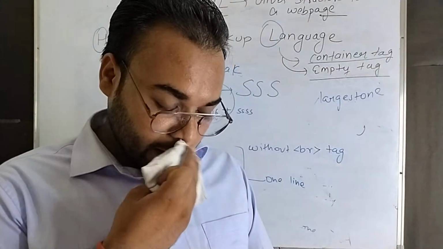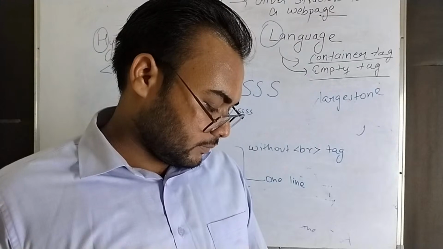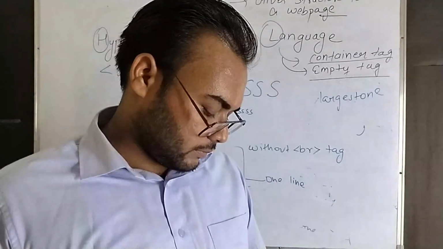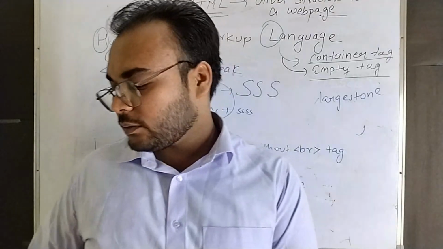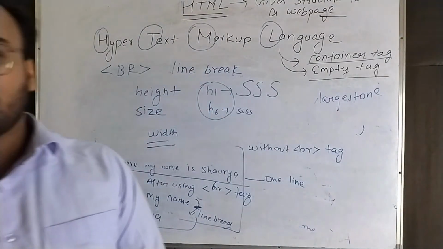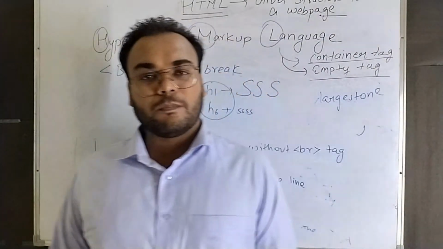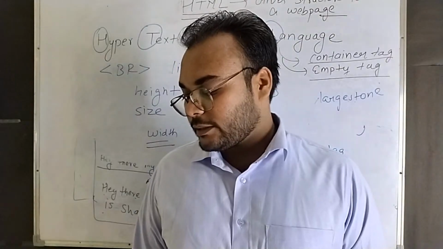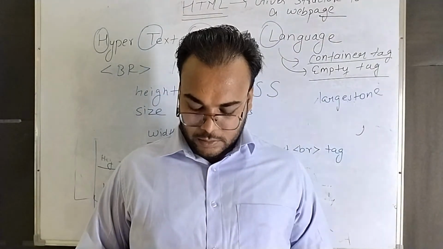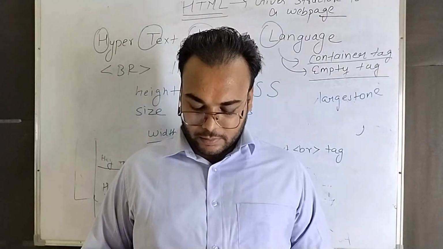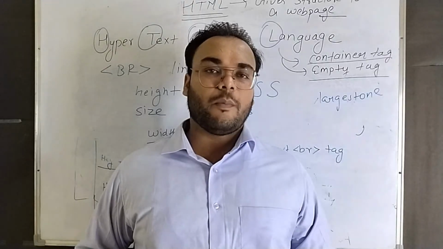Jaldi se batao mujhe. All clear regarding your computer? Everything is clear? Kuch aur koi bhi topic ho jisko nahi samajh mein aaya, just ask me. Sir, we have no doubt that's why we said no. Okay, fine. So all you prepare for the computer?